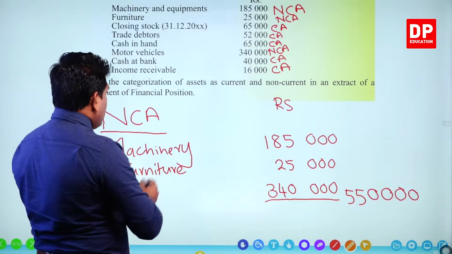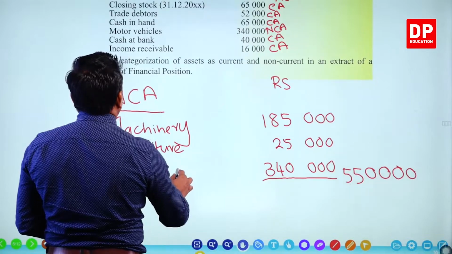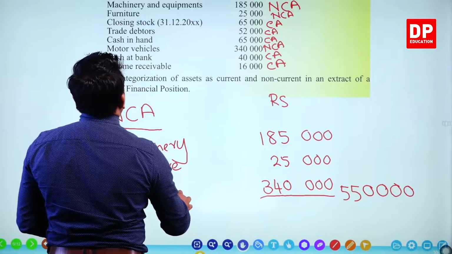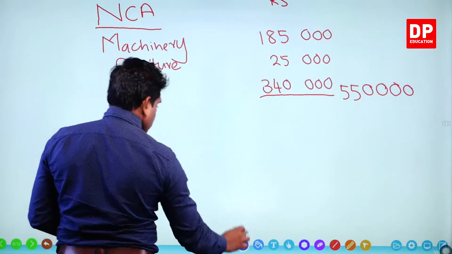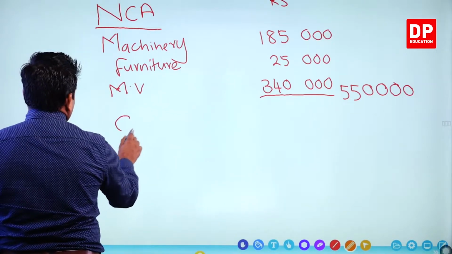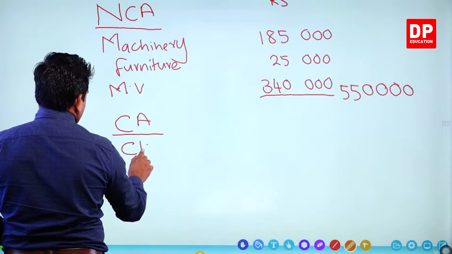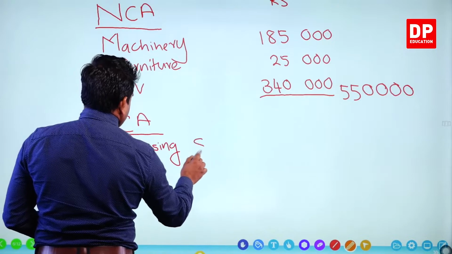Okay. Now I scroll up the screen, then we can pick the current assets detail, right? Closing stock 65,000.